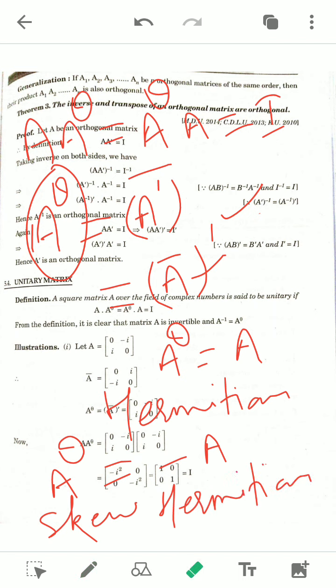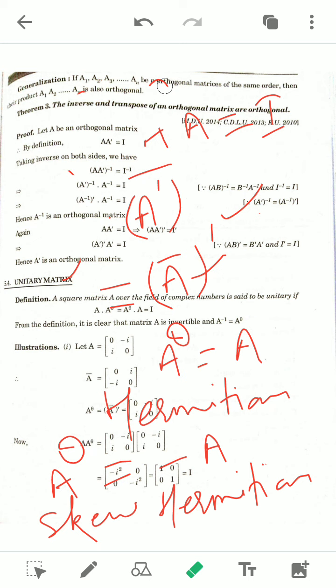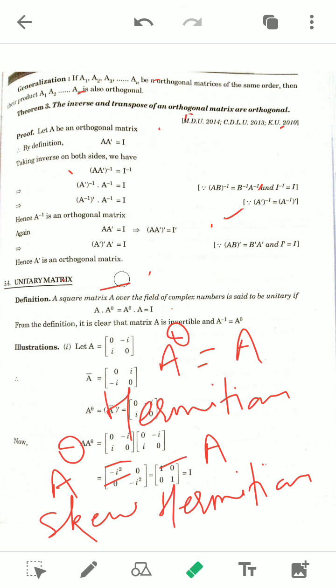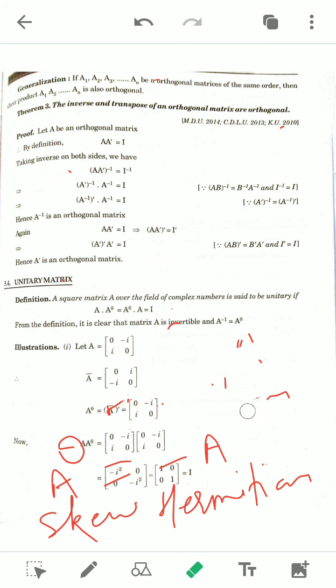But our concern here is the unitary matrix. In a unitary matrix, just prove that A theta A equals the identity matrix, then we can say that matrix A is said to be unitary.